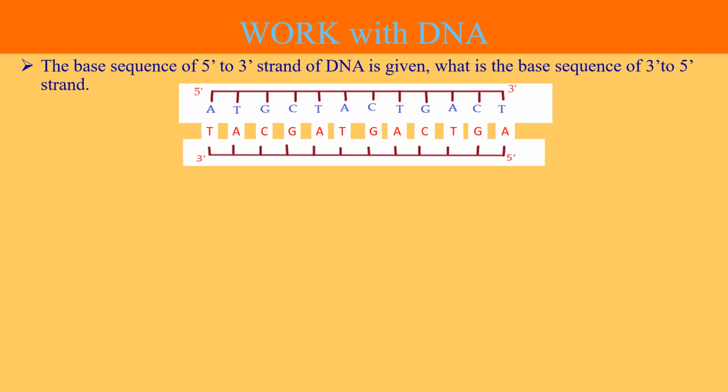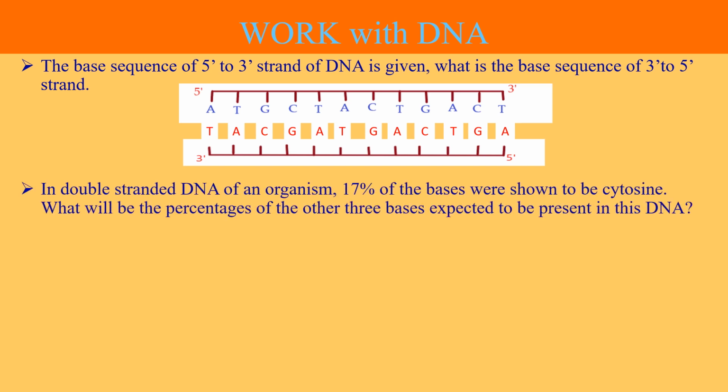The next question: in a double-stranded DNA of an organism, 17% of the bases were shown to be cytosine. What will be the percentage of the other 3 bases, that is adenine, guanine and thymine?